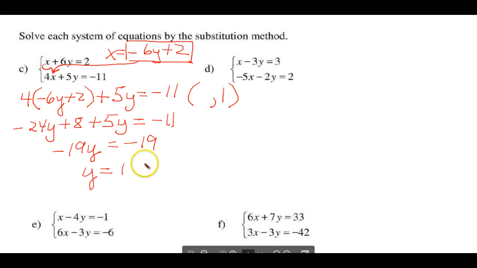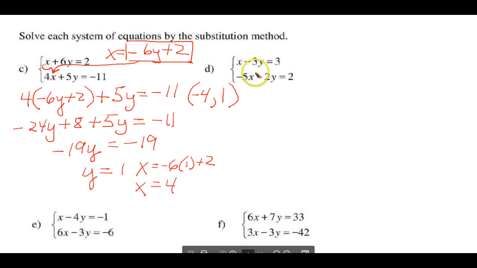So we put it in our other equation, x equals a negative 6 times 1 plus 2, and this is a negative 6 plus 2 is a negative 4. X equals negative 4.